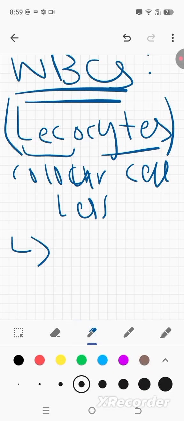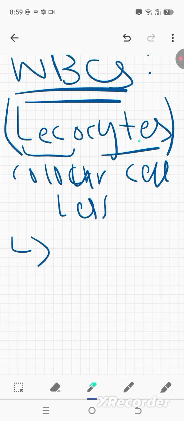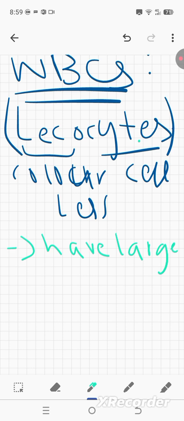Let's write the points about the white blood cell or the leukocytes. Point number one: they have a large nucleus.